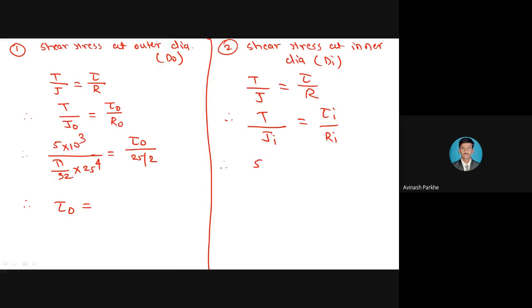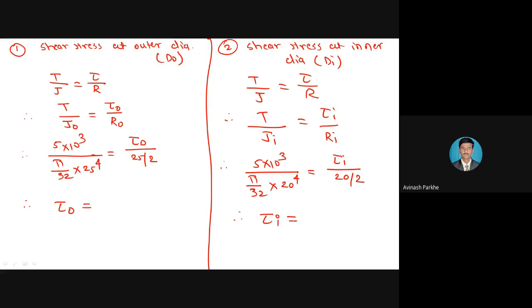So torque 50 into 10 raised to 3 divided by J, which is pi by 32 into DI, the internal diameter given as 20, raised to 4, is equal to tau I we have to calculate, divided by Ri, which is 20 divided by 2. You will get the shear stress at the inner diameter also.